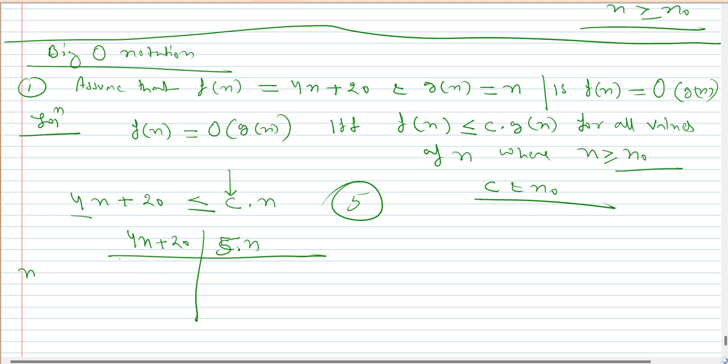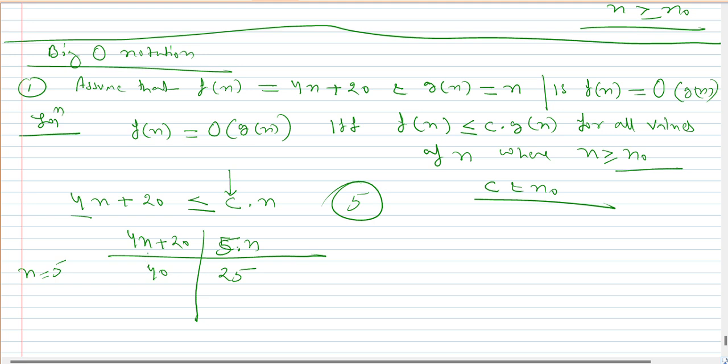Let's check for n is equal to 5. This becomes 5 into 4, 20 plus 20, 40, and 5 into 5, 25.